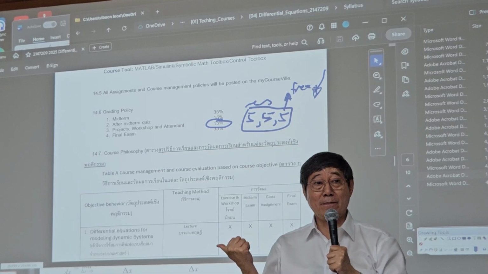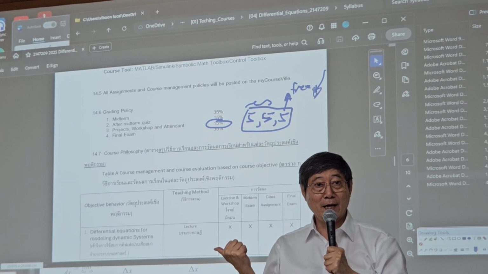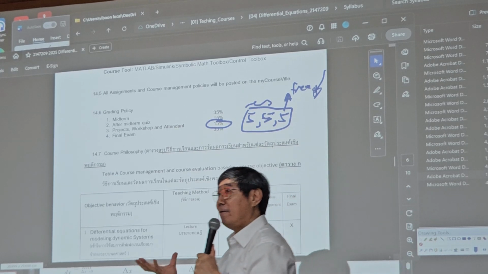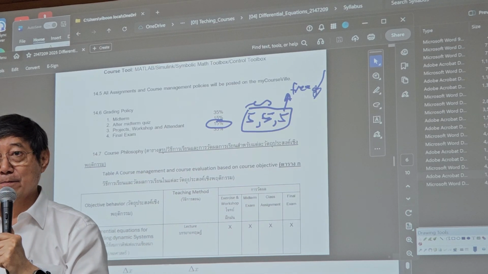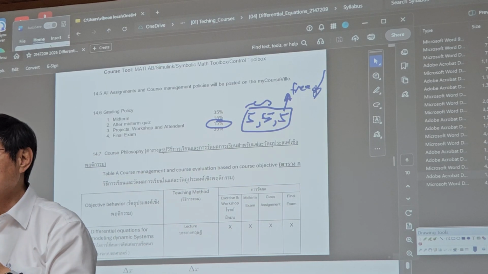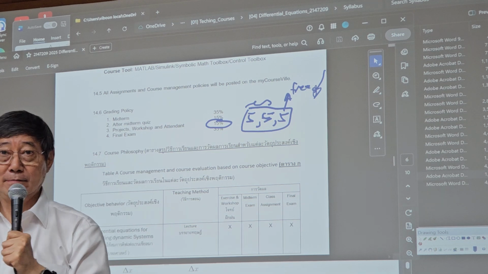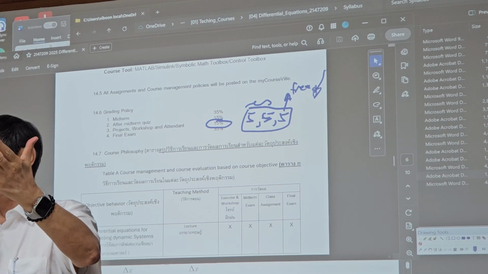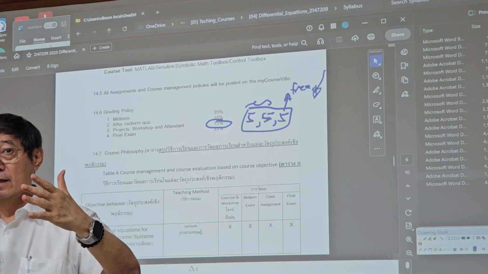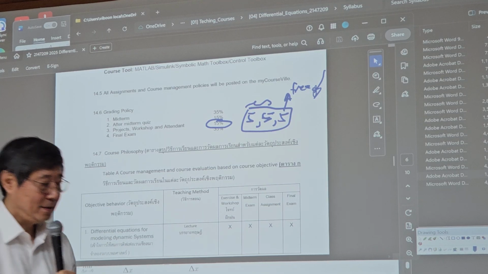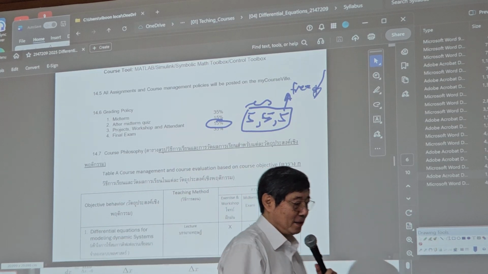If you did not do it, I reduce to 5. If you do it, I increase to 10, to benefit you anyway. Okay, that's all.